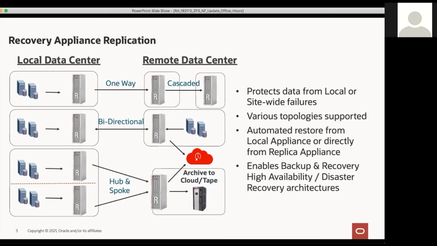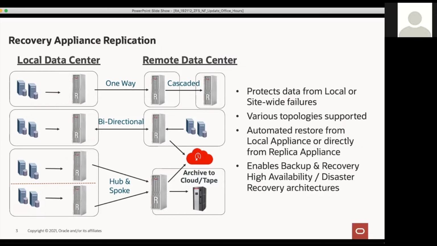We also have bidirectional replication. This is a scenario where you have databases that are backing up to the local RAs on each site, and the respective backups are then replicated to the other RA. We call that bidirectional because you have a replication server on each of the appliances pointing to the other RA. The last configuration here is what we call hub and spoke, and this is a more sophisticated configuration.